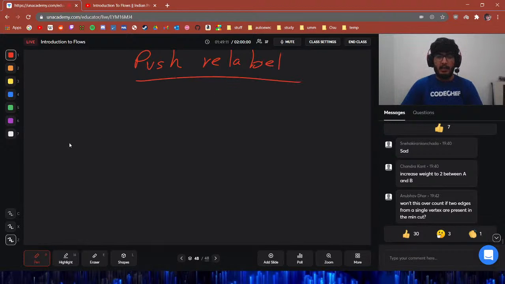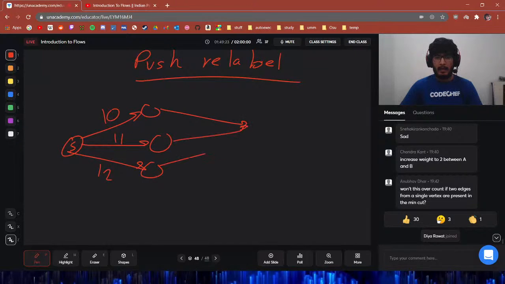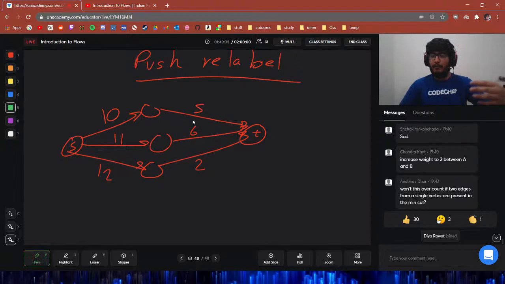Basically from the source, let's say there is a weight of 10 here, 11 here, 12 here, and at the destination let's say there is 5, 6 and 2 only, something like this. But our push relabel algorithm doesn't care that the flow at the end points is going to be less.